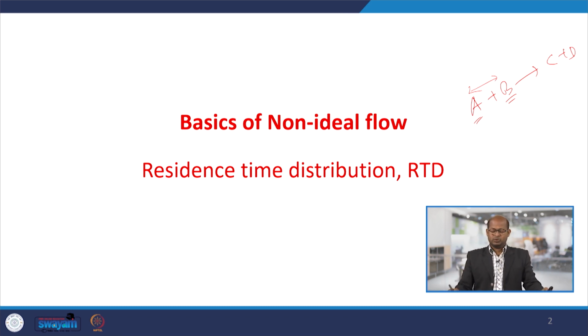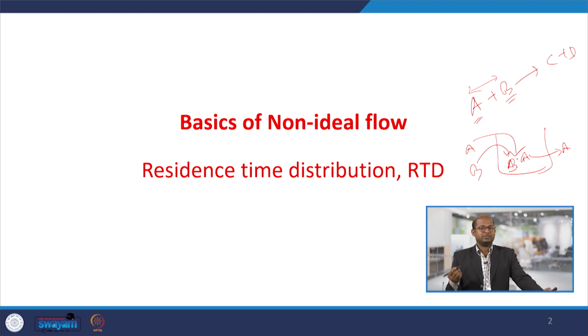If A passes through the reactor and takes less time, leaving the reactor while B is still present, then B will not interact with A, and there is no possibility of reaction. They must both come in contact in the right environment, meaning temperature, pressure, catalyst contact. Then the reaction will proceed.